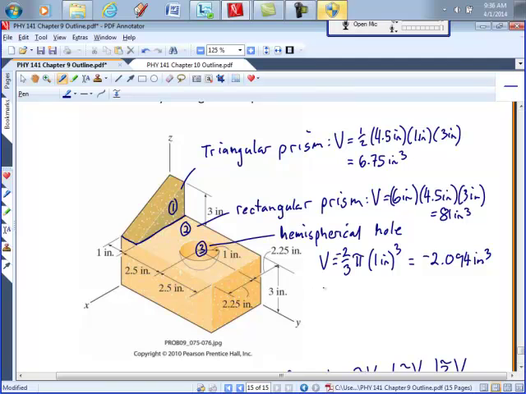So let me make a note on here. Centroid z tilde equals 3/8 of r below the flat side.